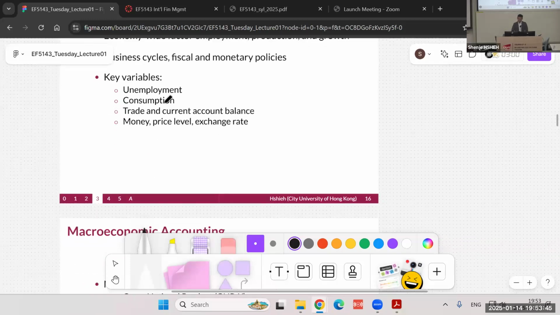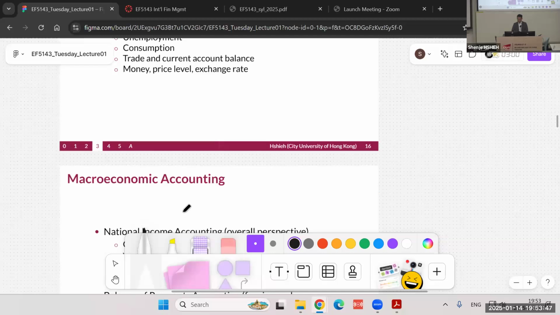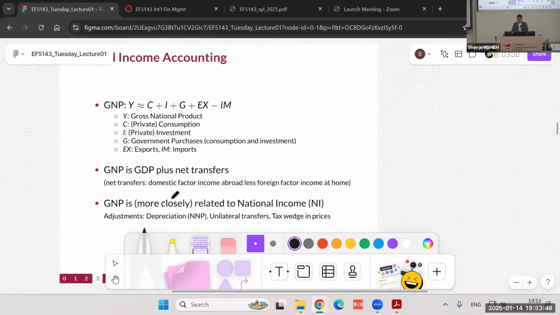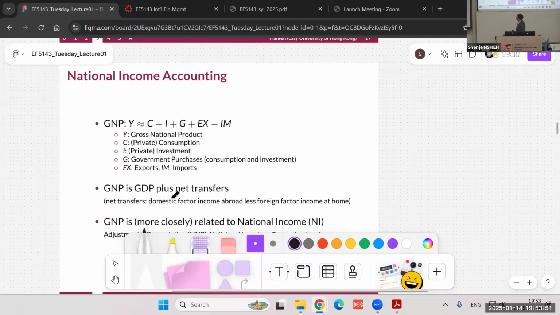So maybe I'll give you the formula first, and then we'll talk about why these variables matter. Macroeconomic accounting comes from this equation here. This looks like GDP, right? For those of you who have a macroeconomic background, this looks like GDP, but in this class, they are not the same.